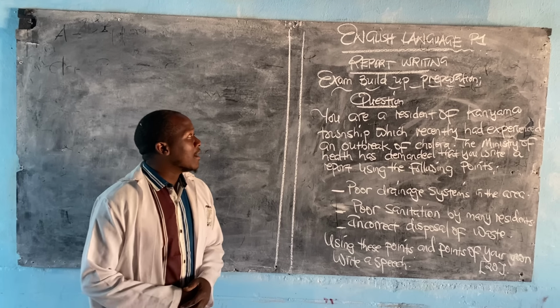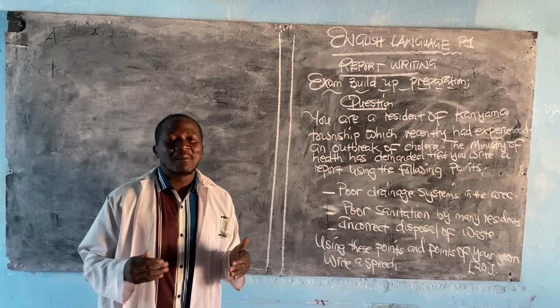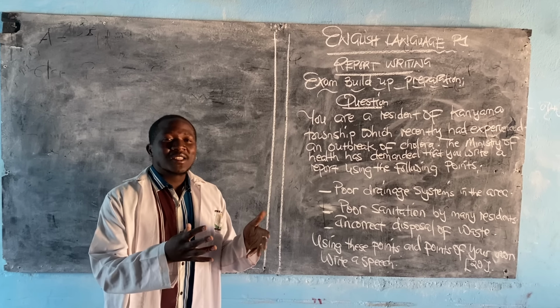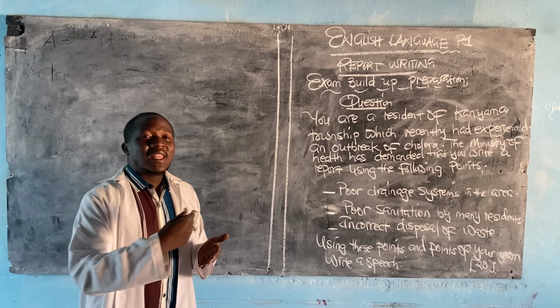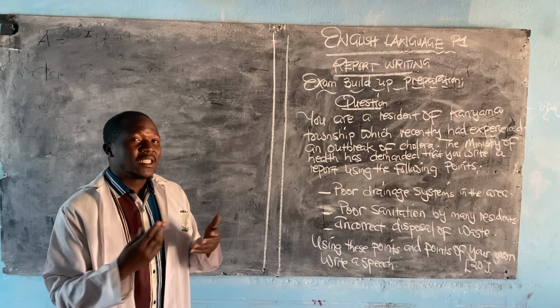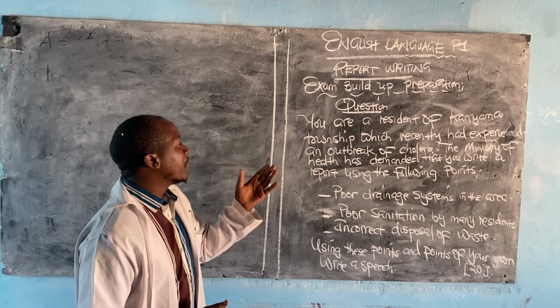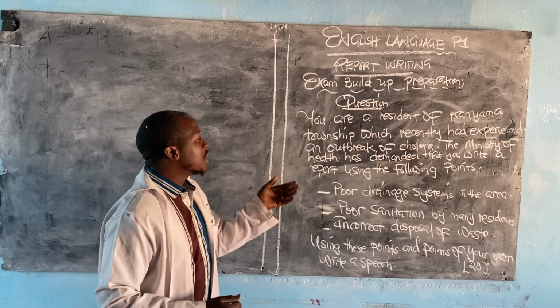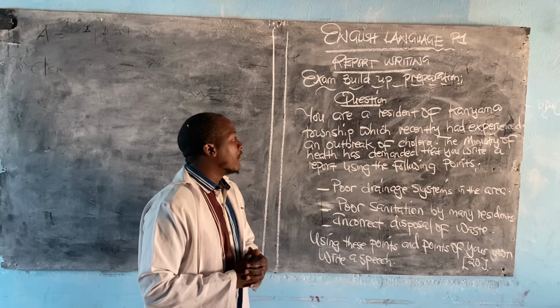So we have an exam build-up preparation, and when we talk about a report, we're trying to talk about giving events or expressing events of the past, aligning them in order to be submitted to the person that had requested. The question says, you are a resident of Kanyama Township, which recently had experienced an outbreak of cholera.